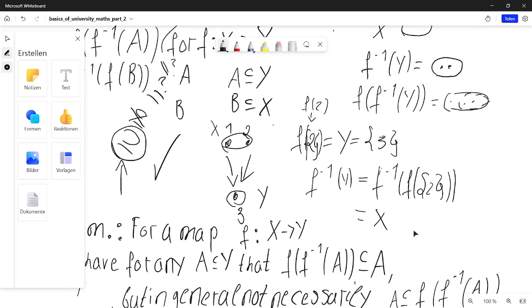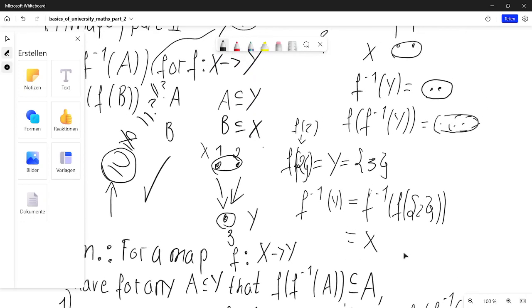But let's consider them in due order. What went wrong here, for example? Let's tackle this issue first. We had that without problem for any map. But the reverse didn't work, because, well, we can see what went wrong here.